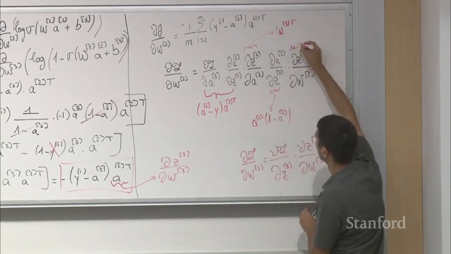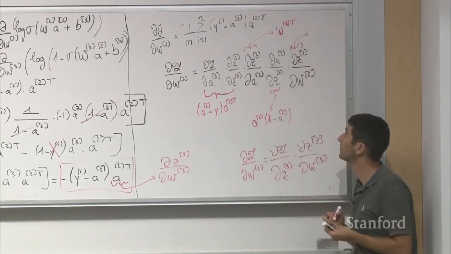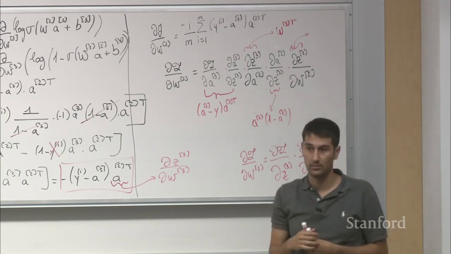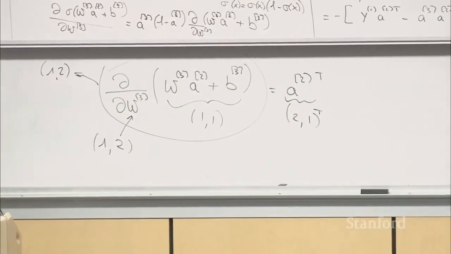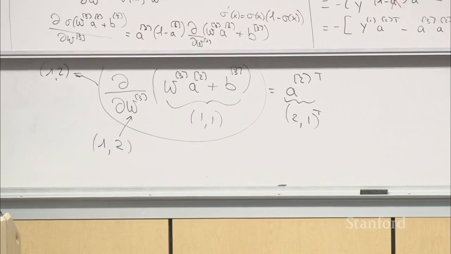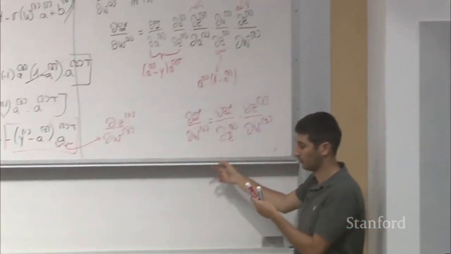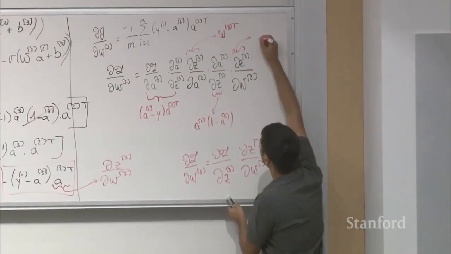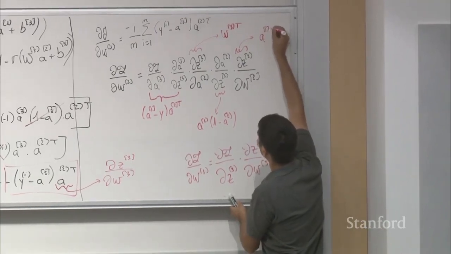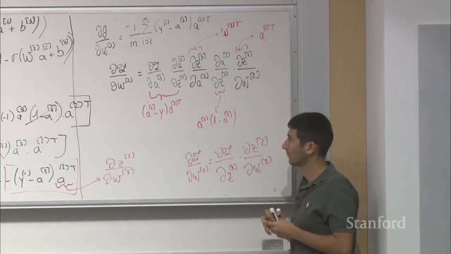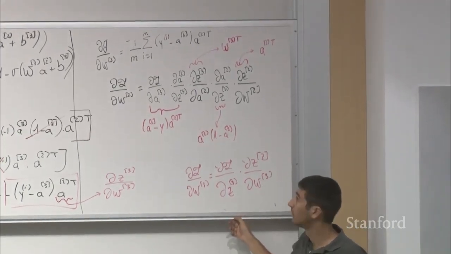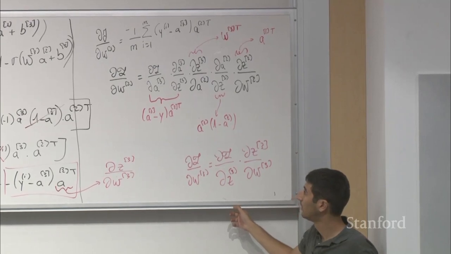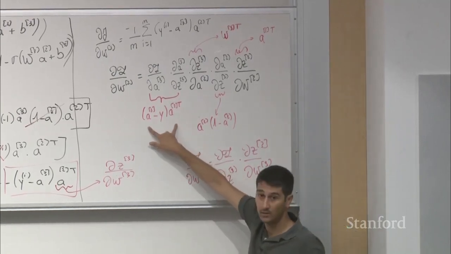And how about the last term? Same as here, 1 layer before. Yeah, someone said A1 transpose. This one?